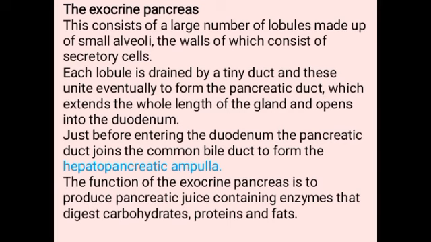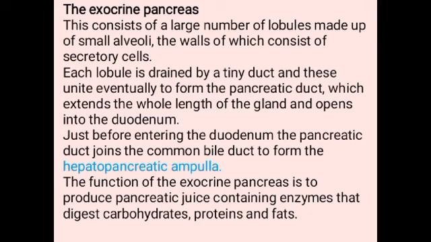If you've noticed in the diagram that we showed earlier, it had the pancreatic duct in between. Never mind, we are going to show it. This pancreatic duct opens into the duodenum, where it empties its contents to work in the digestive system. So when it comes to the digestive system, the pancreas is an exocrine gland.